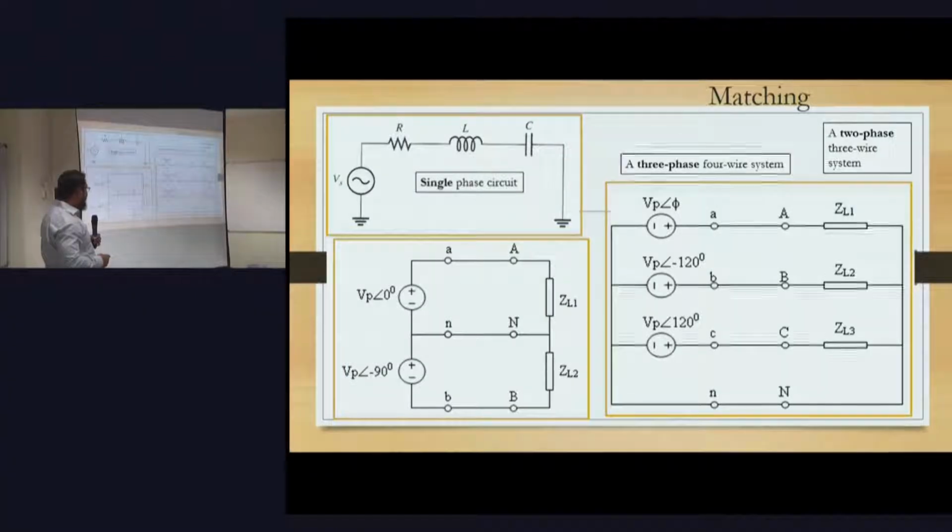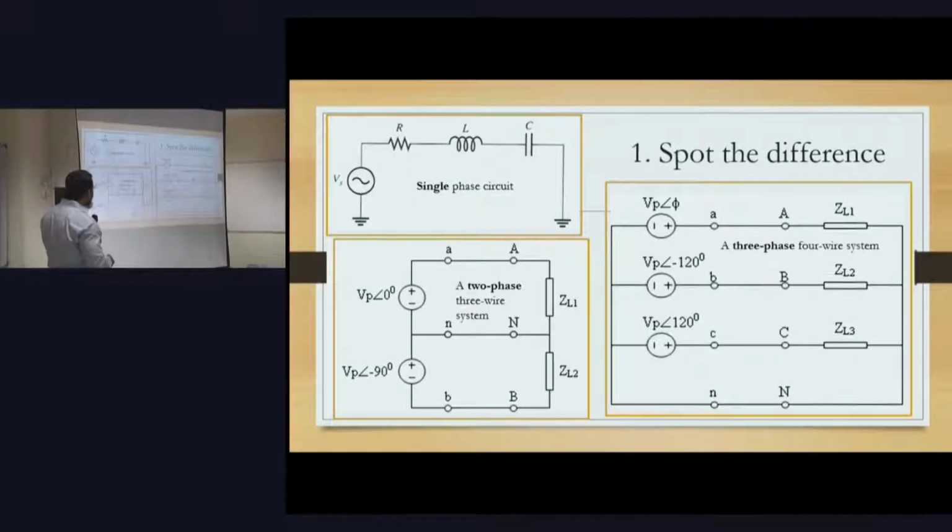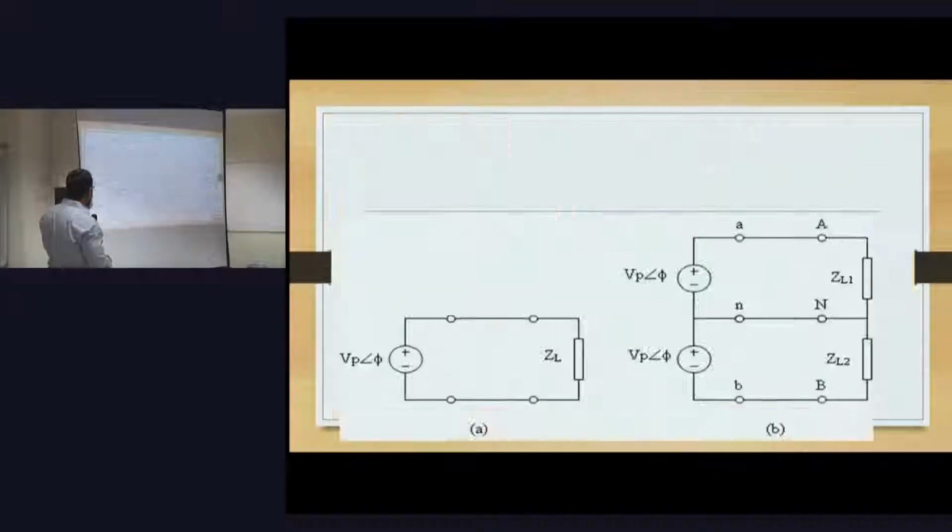For now, the basic thing you can see is that it has three separate voltage sources, and the phase of each differs from the others by how many degrees? 120 degrees. Good. So it's a three-phase, four-wire system. This is a two-phase, three-wire system. Do you spot the difference? Of course we did already.